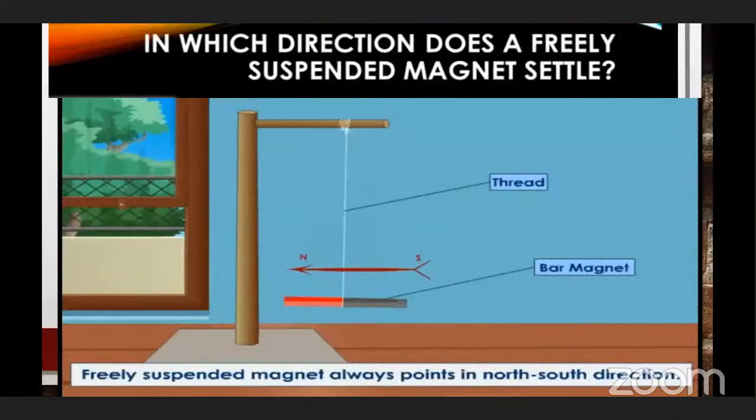Now, we will see some characteristics of a magnet. Okay? See, in which direction does a freely suspended magnet settle?